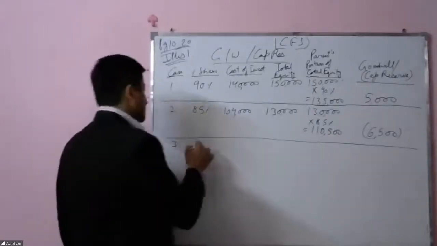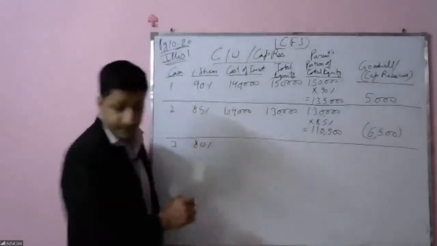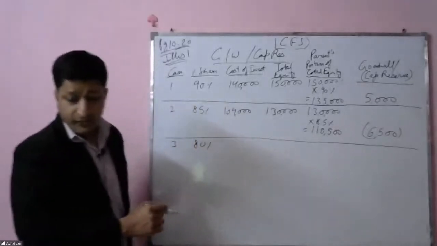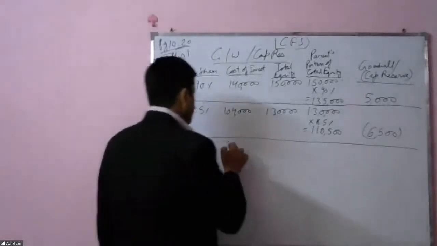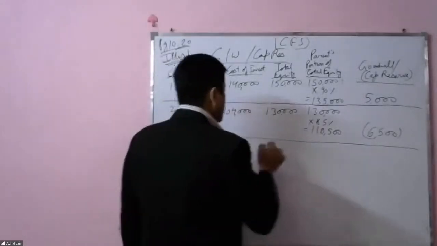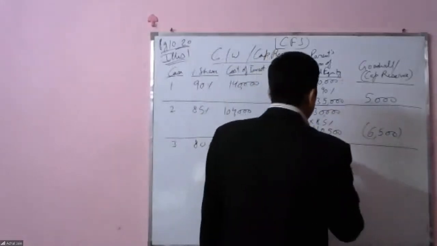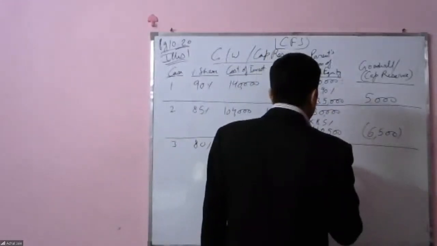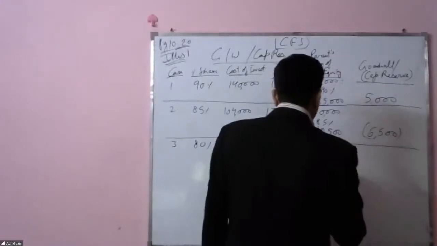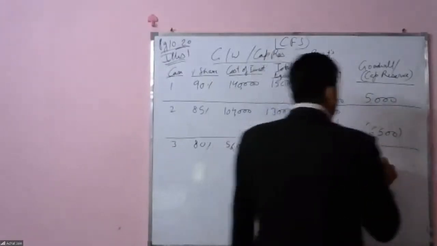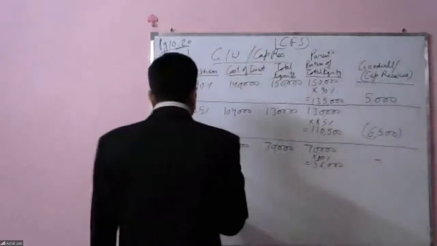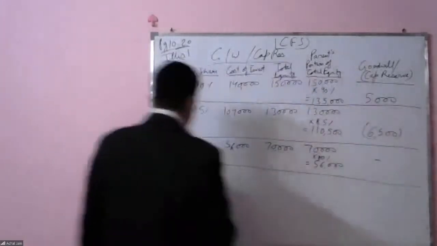Case 3, it is 80%. And this is 56,000. This is 70,000. And 70,000 into 80%, 56,000. So we get nothing, neither goodwill nor capital reserve in case number 3.